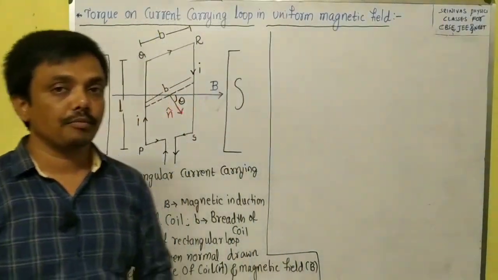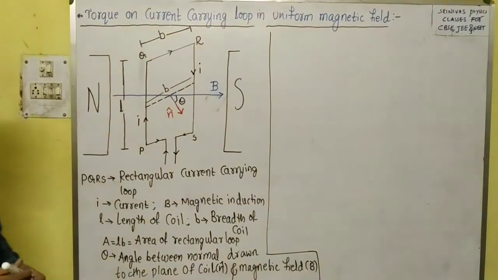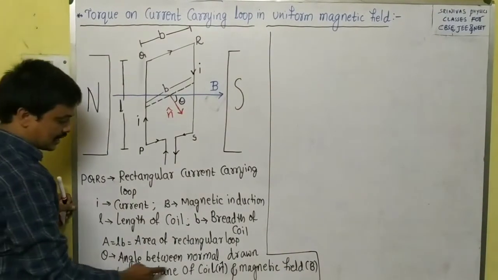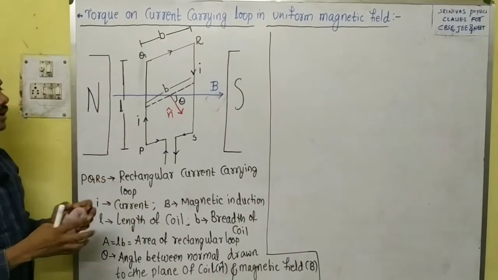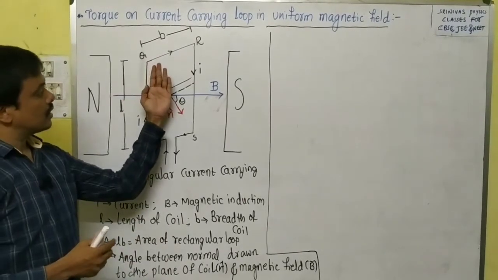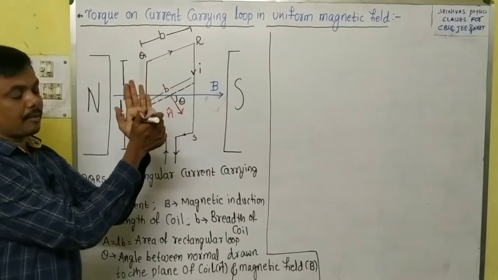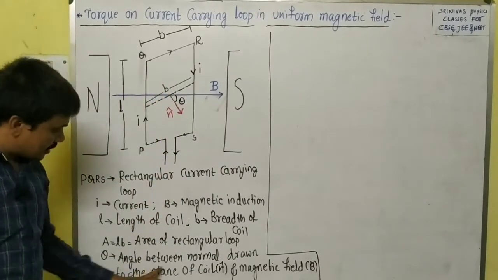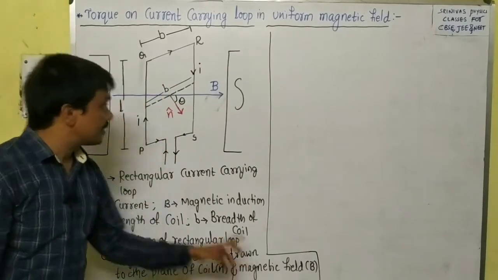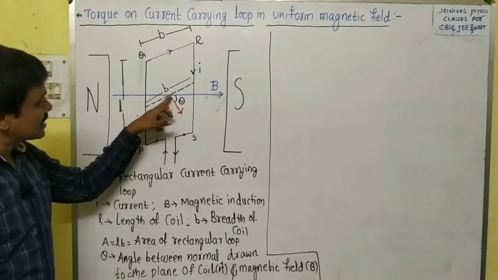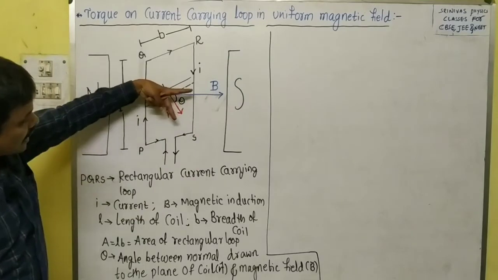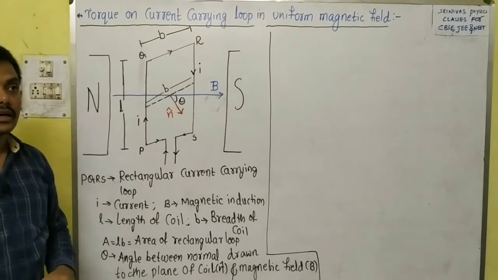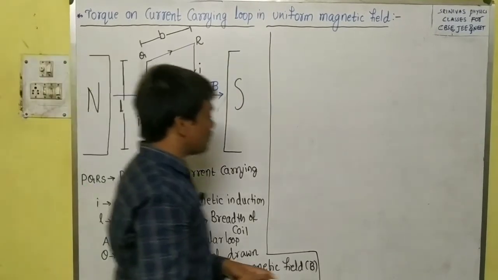The area vector is also perpendicular to the surface. Here theta is the angle between the normal drawn to the coil and the magnetic field. The red line is n cap, and the blue line is B, and the angle between n cap and B is theta.